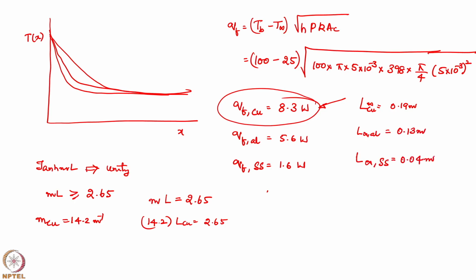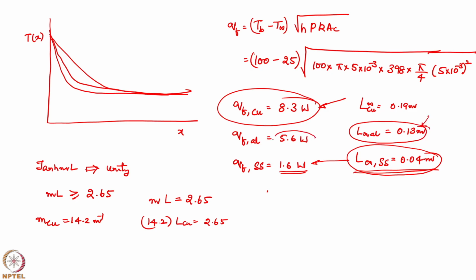This is very interesting. You see that stainless steel is effective as a fin only up to 0.04 meters, that is why it is able to take away only 1.6 watts from the base. On the other hand, aluminum is effective up to 0.13 meters, beyond which it is of no use.